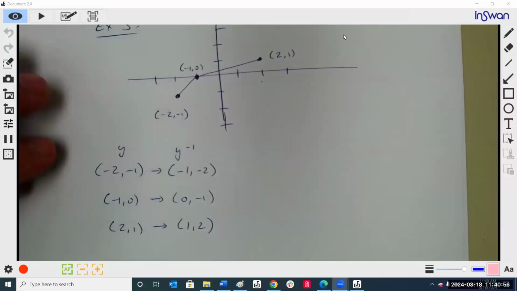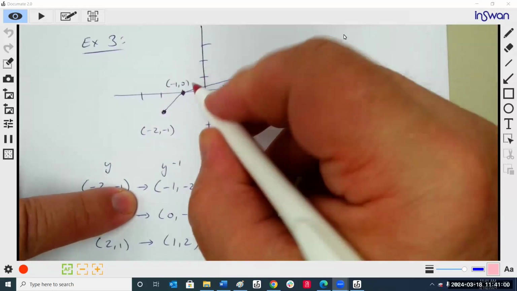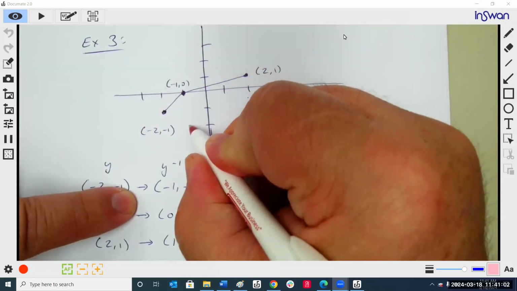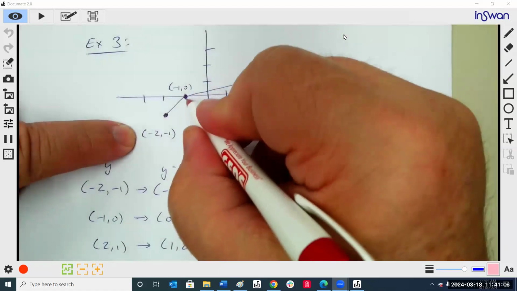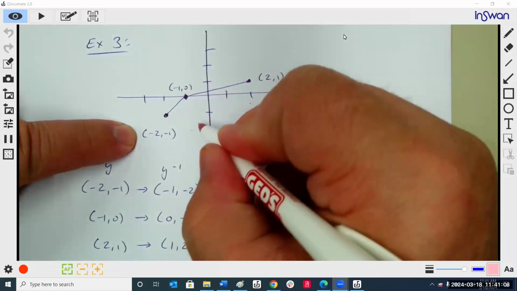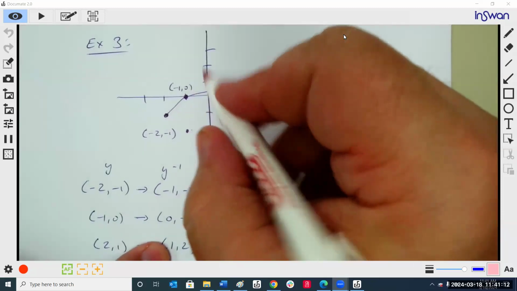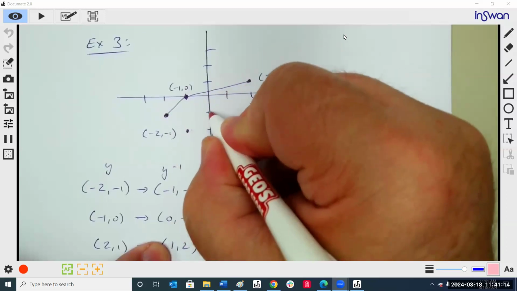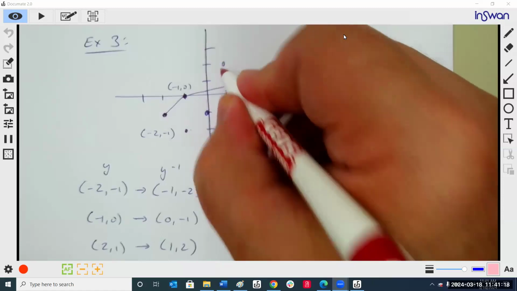We just simply plot those points. So at (-1, -2), (0, -1), and (1, 2).